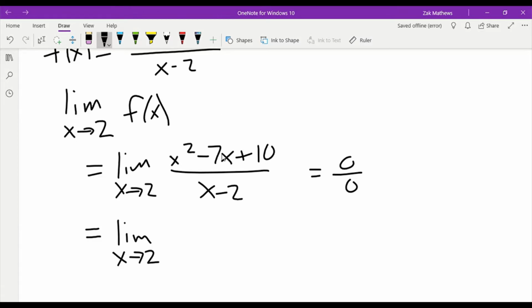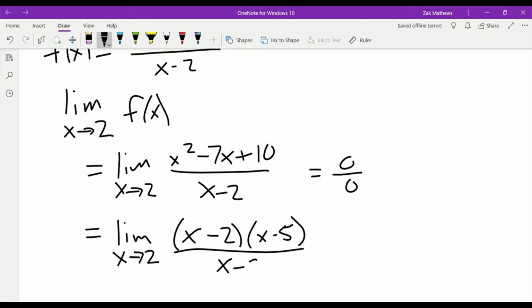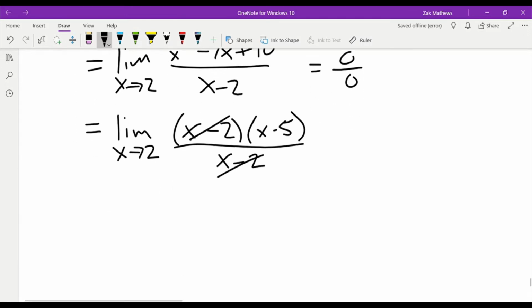And we know that anytime we can factor things out, we potentially can simplify. So can we factor the numerator? Well, yeah, we can: x minus 2, x minus 5. And lucky enough for us, those x minus 2's are the same, so we can cancel them out, leaving us the limit as x goes to 2 of x minus 5.